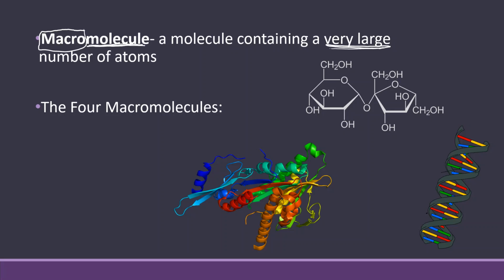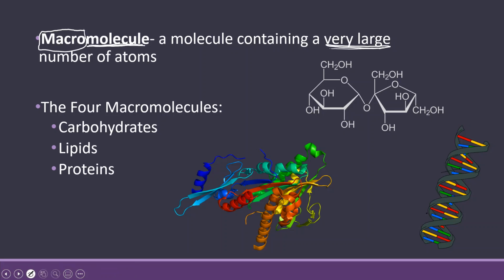There are 4 main types of macromolecules, and I have a few examples of them over here. The 4 main types are carbohydrates, lipids, proteins, and nucleic acids. Some of these you may have heard of before, particularly carbohydrates and proteins, and maybe a little bit of lipids, in the context of food.